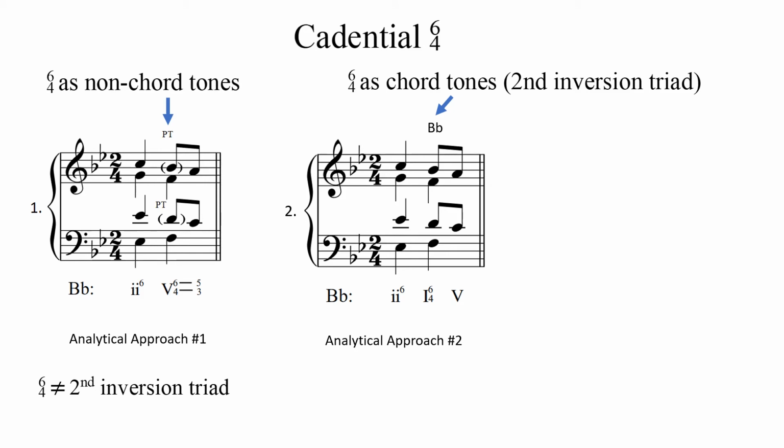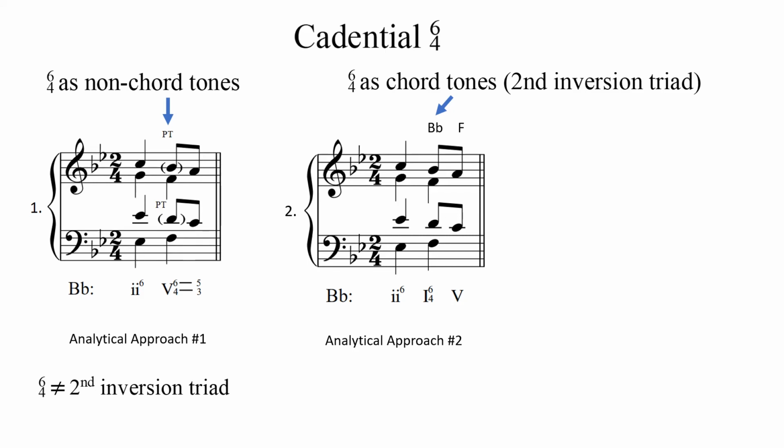It allows students to think of the verticality on beat 2 as a chord with a chordal root of B flat, thus concluding a tonic triad in second inversion progressing to a root position dominant triad with the chordal root of F.